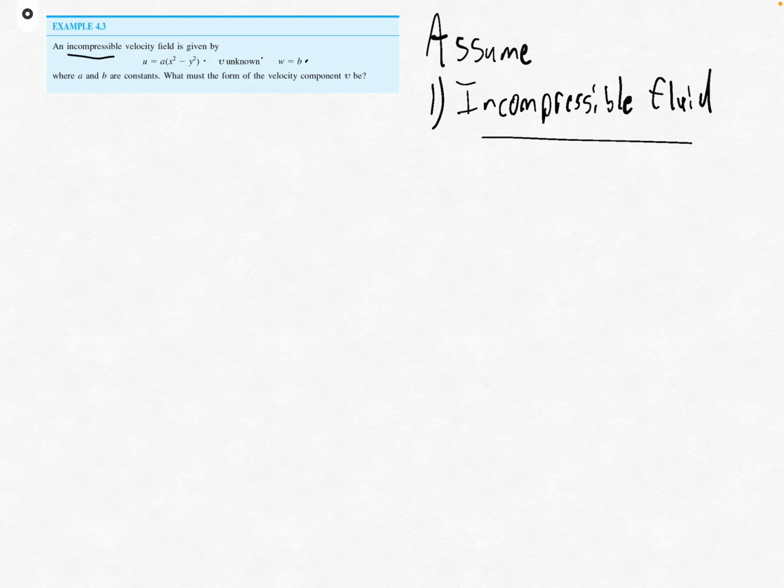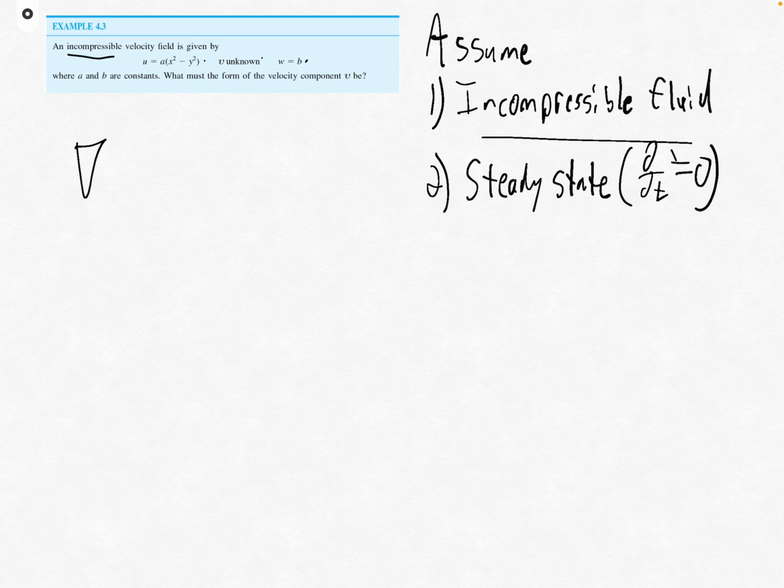I will further make the assumption that this is steady state, meaning d dt is equal to 0. And with these assumptions in place, we're then going to write out the expression del dot v is equal to 0, which is our statement of incompressible continuity.